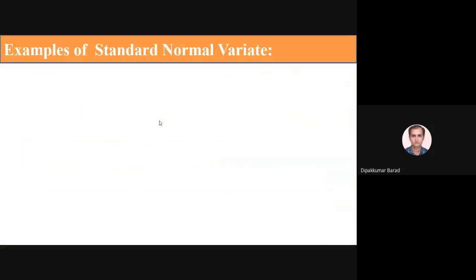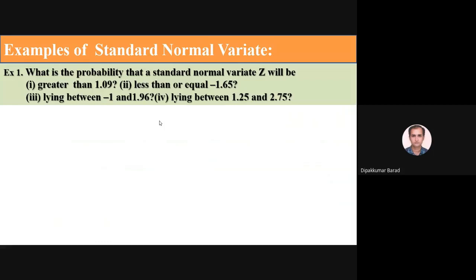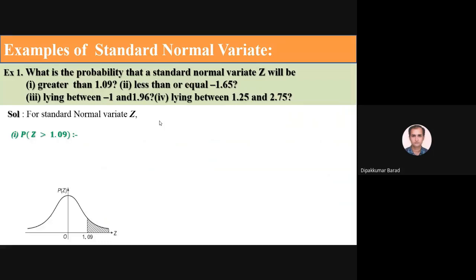Then we have discussed one example. Last time we already discussed this example, and here we want to find P of Z greater than 1.09. So we want to find all Z greater than 1.09, that is, this area. As we know, all the area along the right side of the y-axis is 0.5. So I will find the area between 0 and 1.09 and subtract it from 0.5.